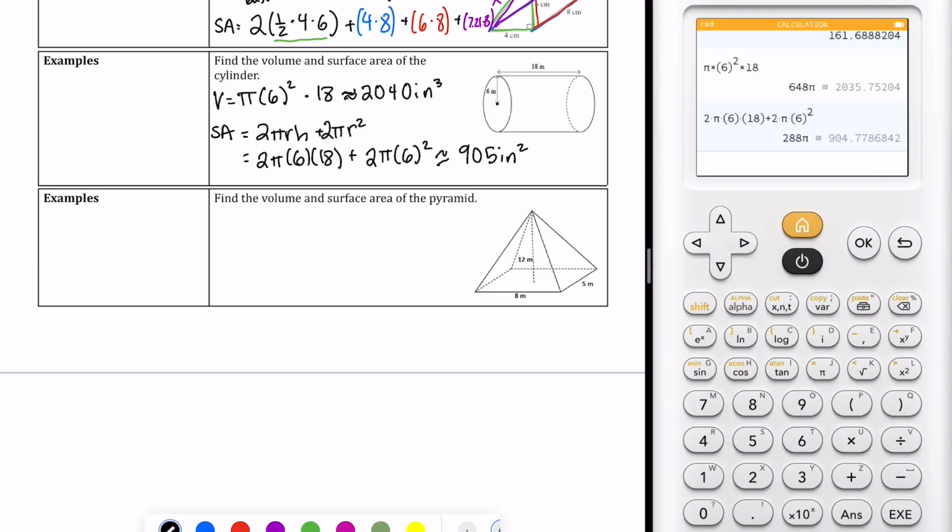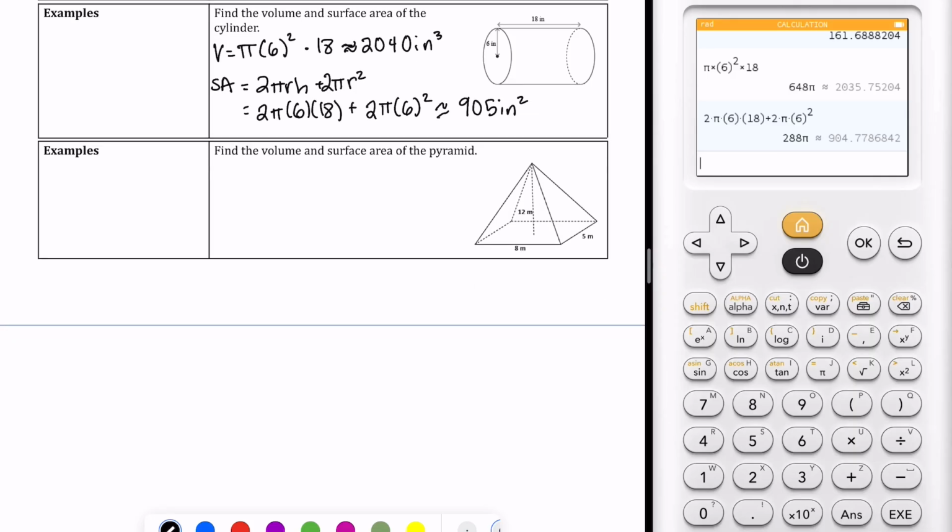All right, last one here. Find the volume and surface area of this pyramid. So our volume is going to be that formula of 1/3 times base area times height. So for us, that's going to be 1/3, and then our base area is 8 times 5, and our height is 12.